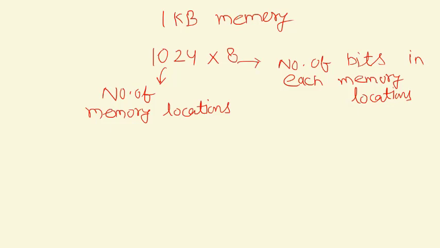So this 1024 is denoting the number of memory locations. There are 1024 memory locations, and each memory location has 8 bits.